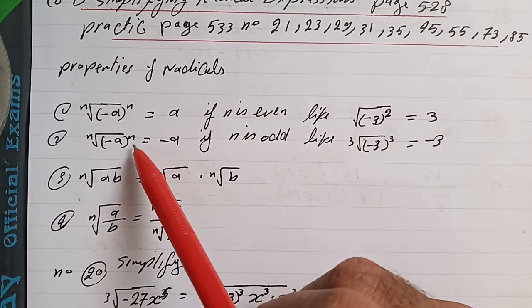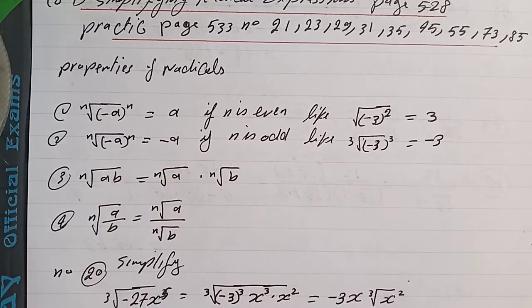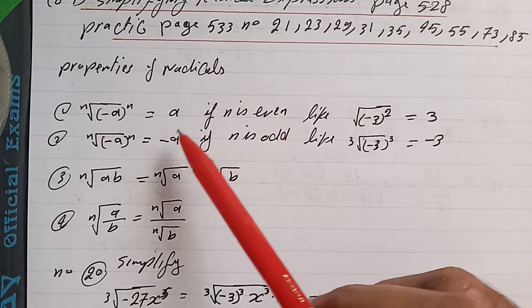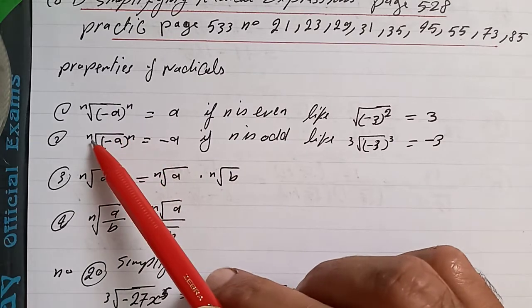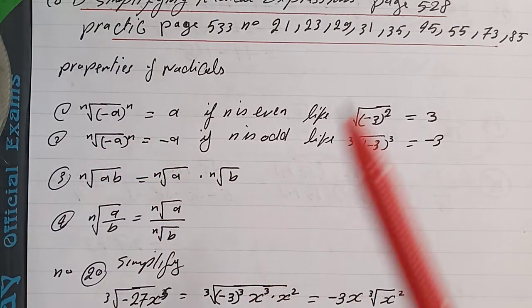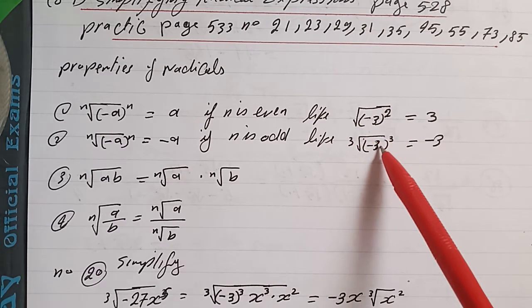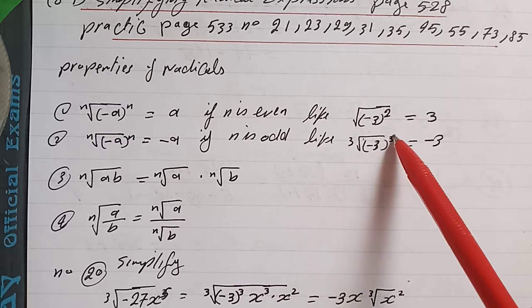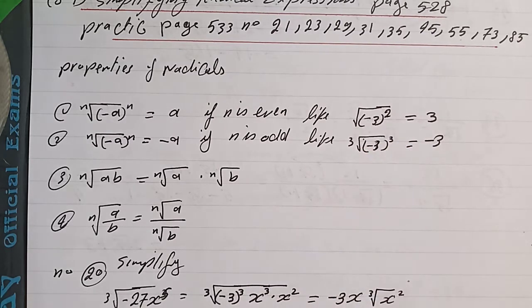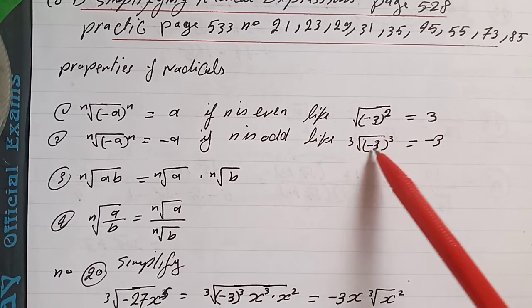But if n is an odd number, like 3 or 5, it will cancel the radical, but it will not cancel the negative. Like the cube root of negative 3 to the power 3: this will cancel the root, but the negative sign will remain.